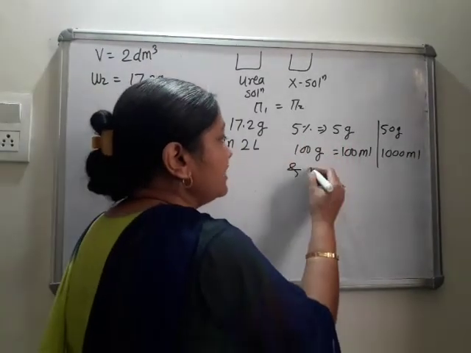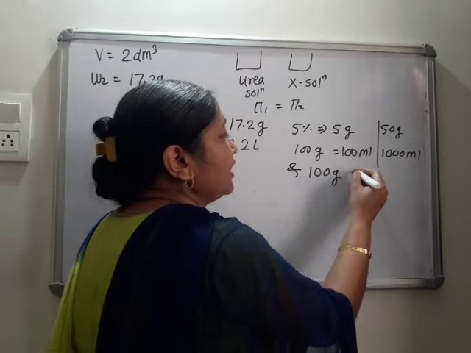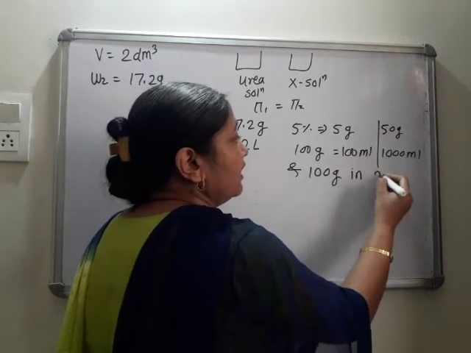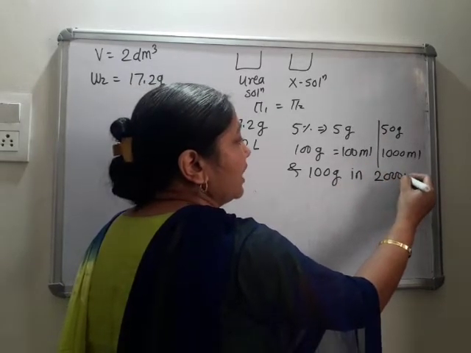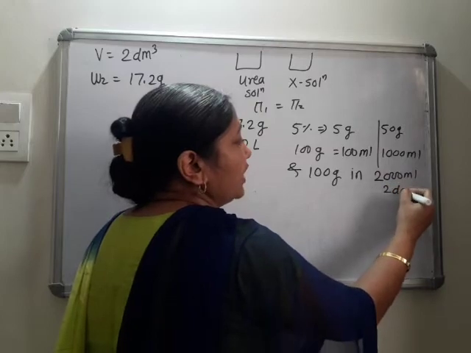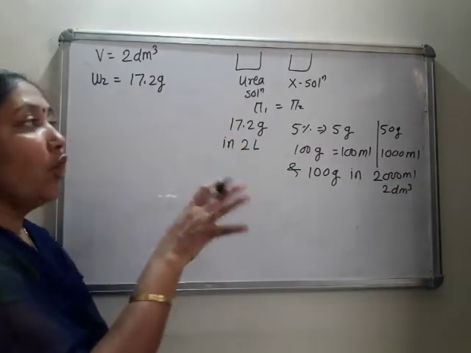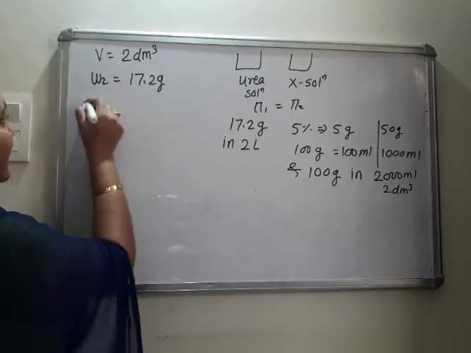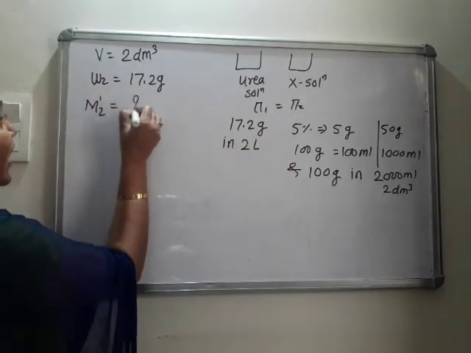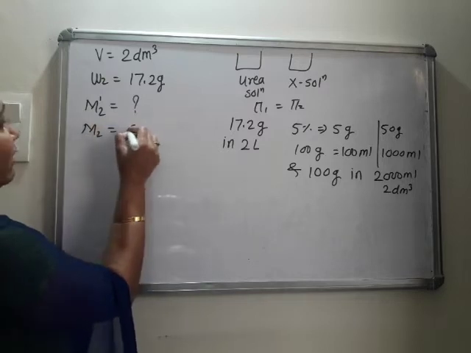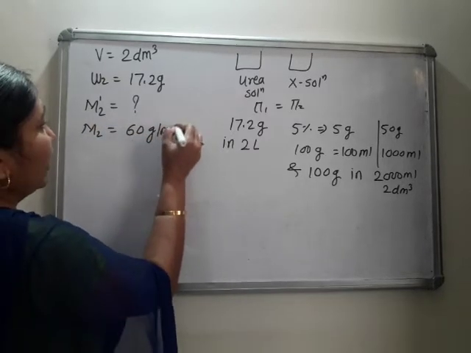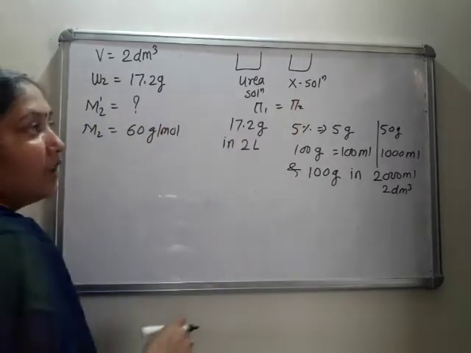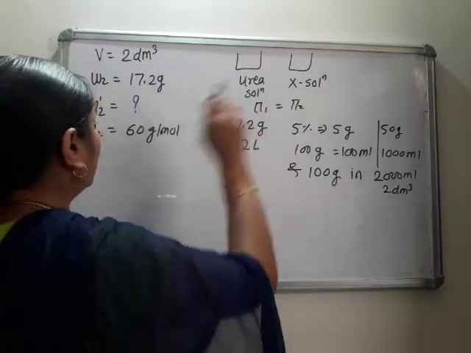And hence 100 gram is present in 2000 ml. That is 2 dm cube, because we have to make its volume equal. Okay, because pi 1 is equal to pi 2. They ask what is m2 dash, and m2 they have given as 60 gram per mole. m2 dash means molar mass of this unknown substance.